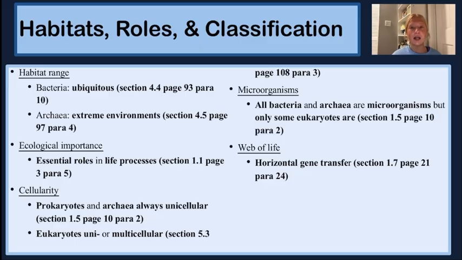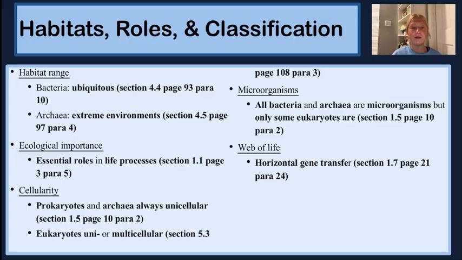Bacteria are described as ubiquitous, meaning they exist almost everywhere on the earth, from extremely cold conditions, and they even exist inside plants and animals. Archaea are often associated with extreme environments like high heat, low oxygen, or high salinity, and some live in moderate conditions, but they are able to survive in those extreme ones.